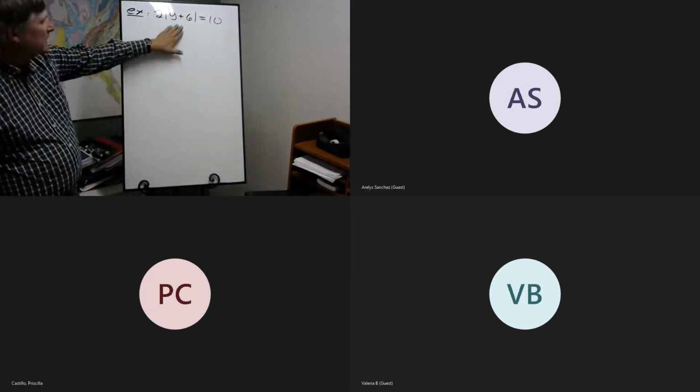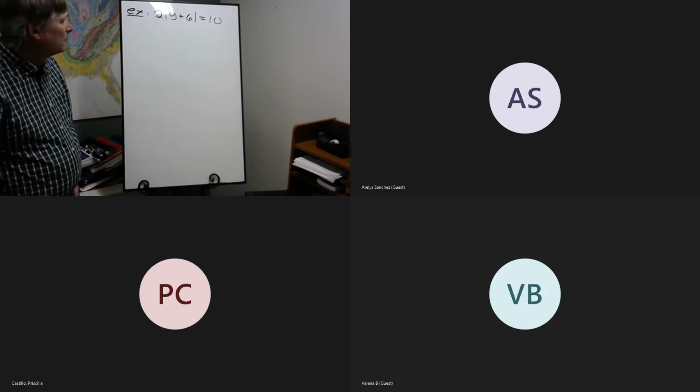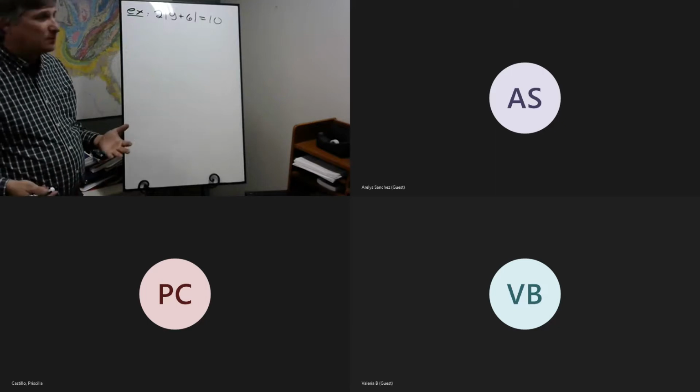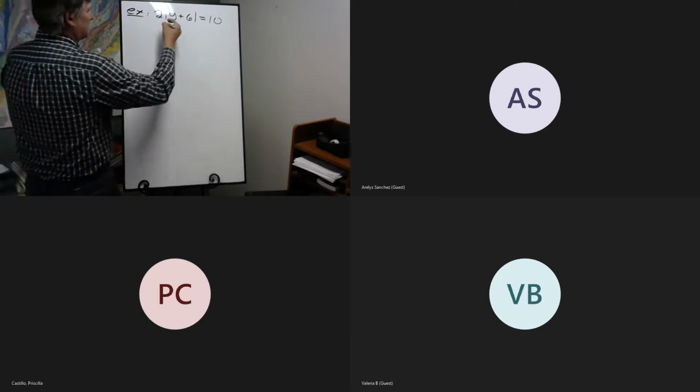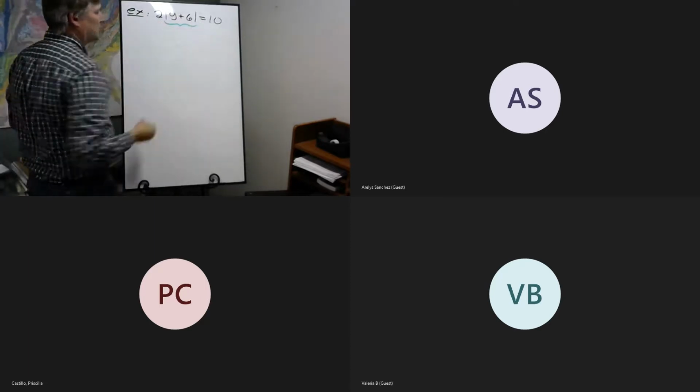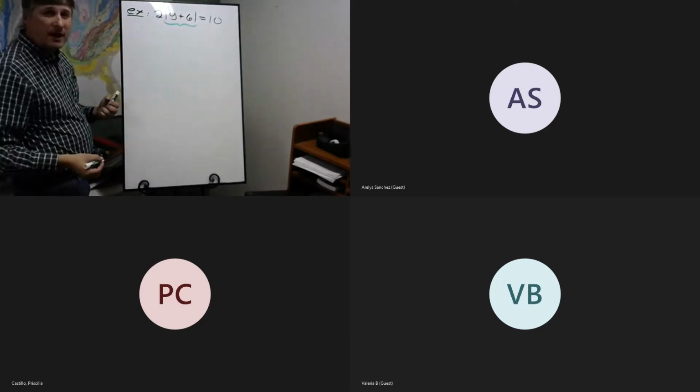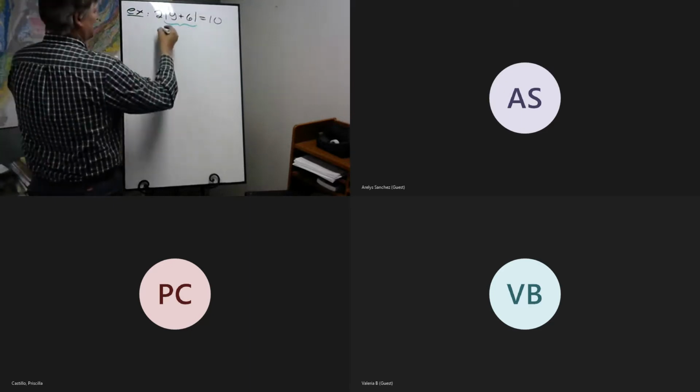So what about something like this? In this situation, the recommended approach is you want to solve for the absolute value first.